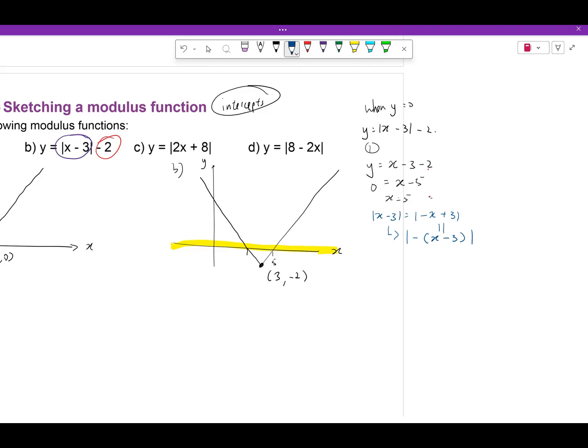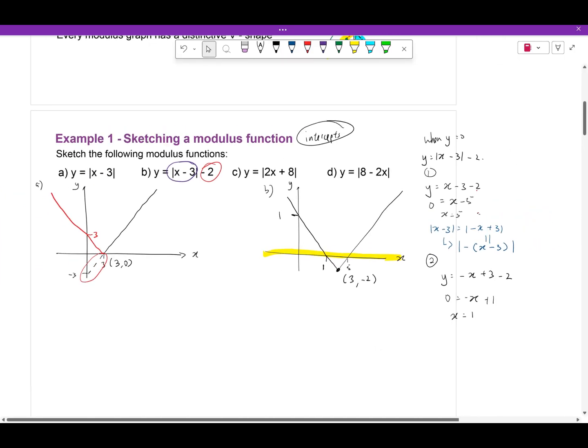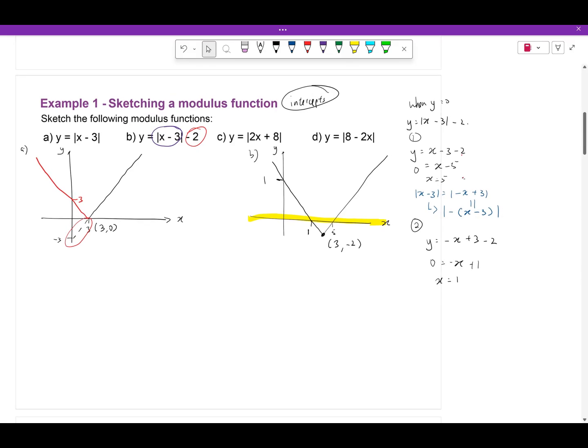So hence we have a second part, which results in y equals negative x plus 3 minus 2. So when y equals 0, we've got plus 1, so x equals 1. So hence, here is just 1. Because of the shift down 2, this is 1. As long as your intercepts are correct, it doesn't matter what the scale of your graph is. Let's try question C. Question C should be more straightforward.